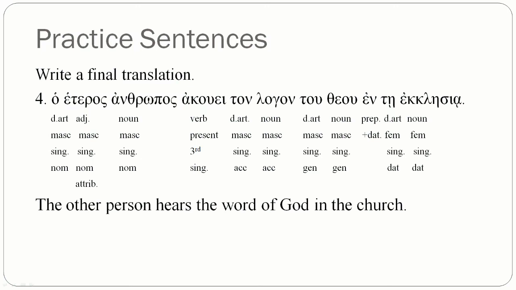Tu theu is genitive, therefore we translate "of" with that. It would be appropriate to say "of the God" here, but in the context of the New Testament, the word of God. Proper name God, and then what you're left with is just that prepositional phrase, en te ecclesia. So the other person, nominative, hears the word of God in the church.